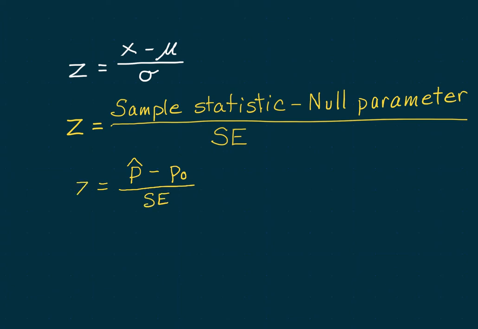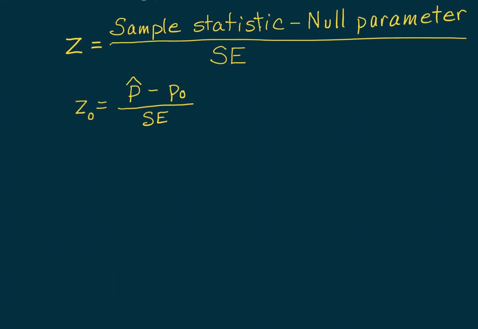And because we are doing hypothesis testing, let's use Z sub 0, Z null, okay? But we do have a formula for the standard error, right? So let's go ahead and put that in as well.